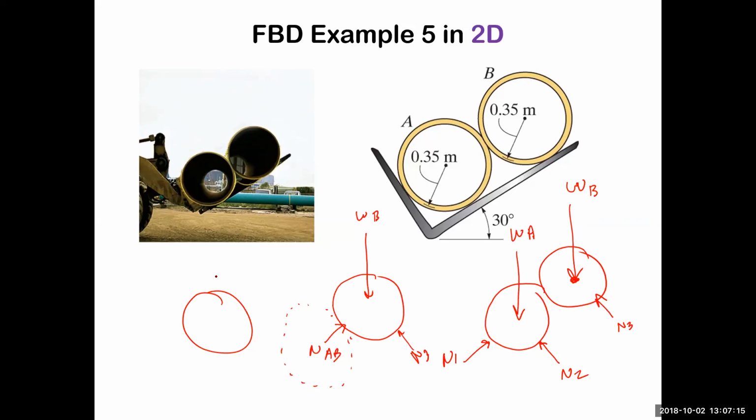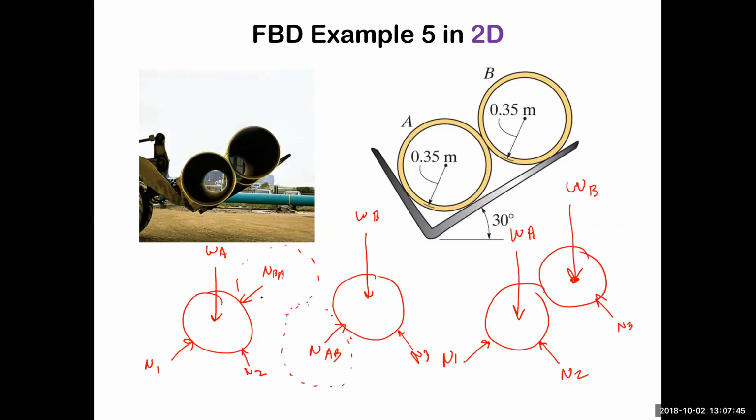And then, of course, the other pipe, A, would have its N1 here and N2 here. And then it would experience the equal and opposite force, let's call this NBA, going from B to A. And again, that's coming from this now invisible pipe there.